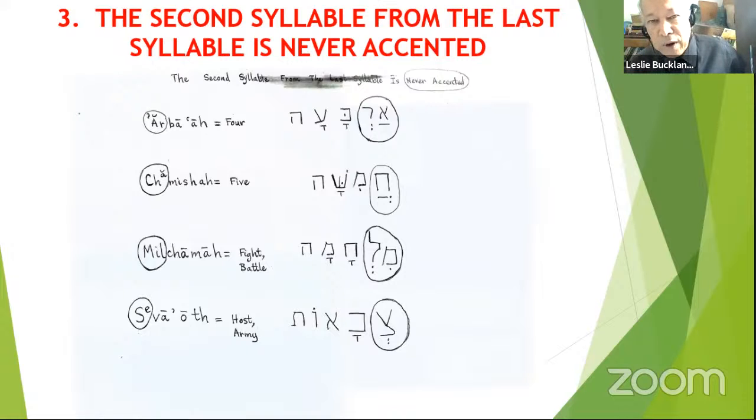So I would advise you not to write it like that. I would recommend that you write it as the second syllable from the last syllable. If you write it like that, it doesn't matter how many syllables the word has. You can never go wrong with that answer. You count 2 syllables away from the last syllable, and that will give you the correct answer.